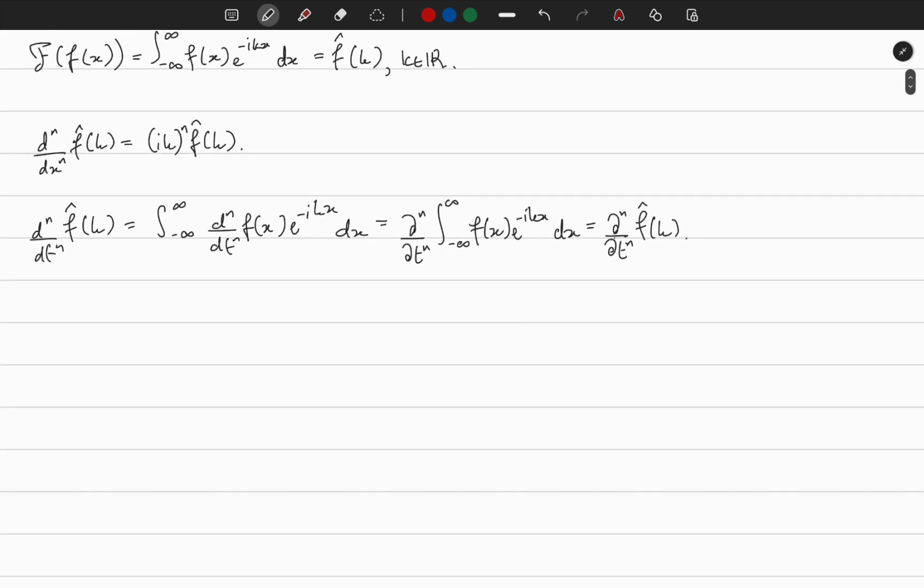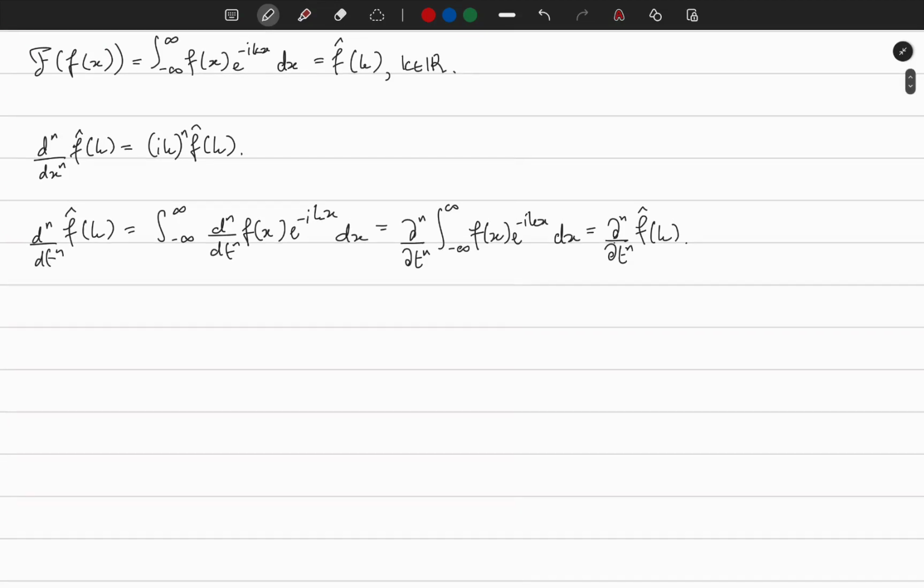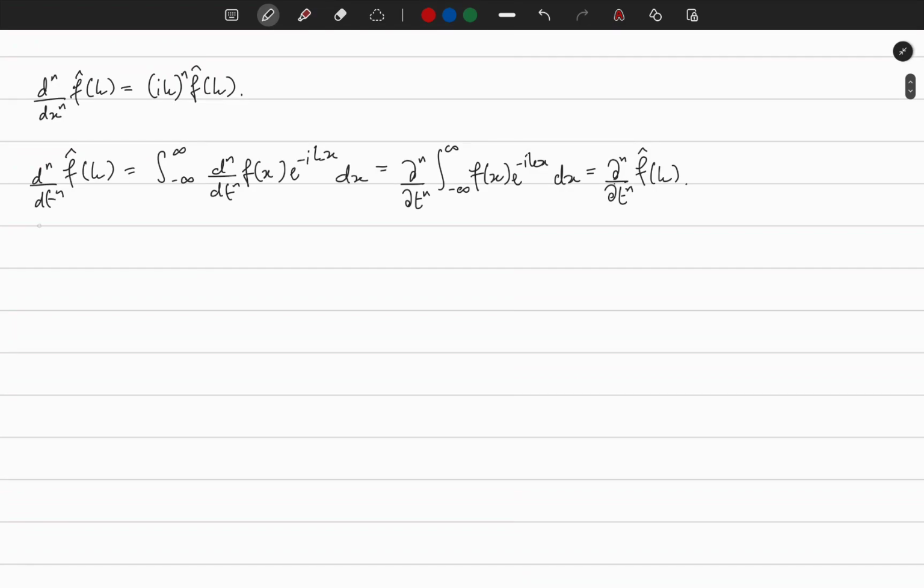Alright, so we have the spatial and temporal derivatives of a transform function, but it would also be helpful to recall Euler's formula as well. So remember, Euler's formula: e to the ix is simply cosine x plus i sine x.